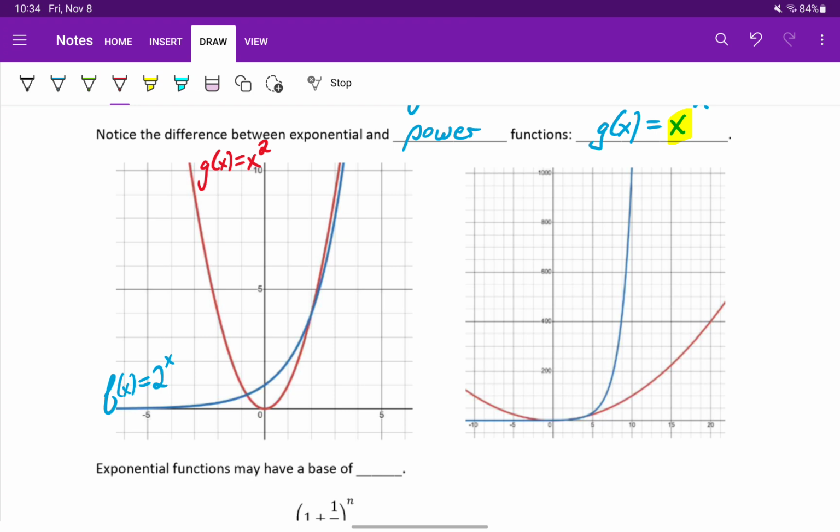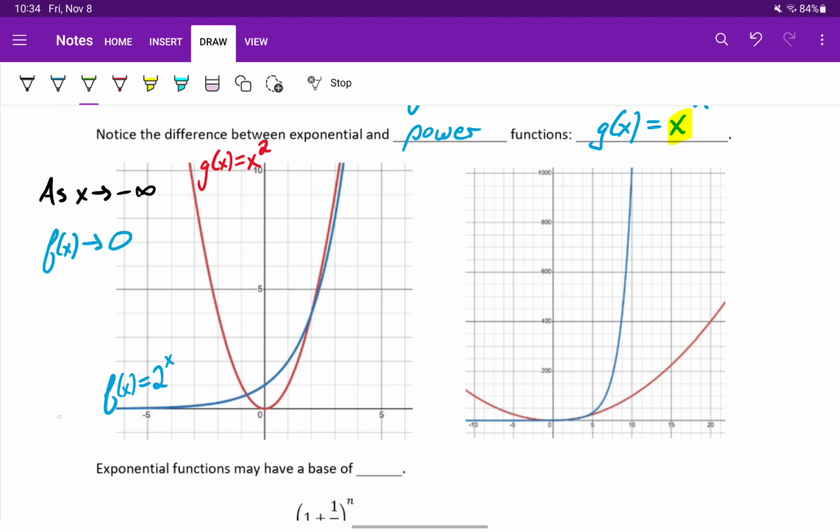Now we can look at comparing and contrasting the behavior of these two functions. We can start off by looking at what happens to each function as x approaches negative infinity. If we look at our function f of x and trace along that to the left, we can see that f of x is approaching a value of 0.